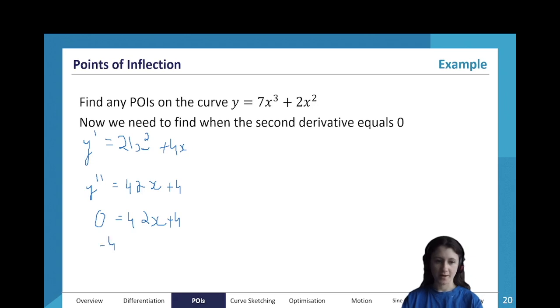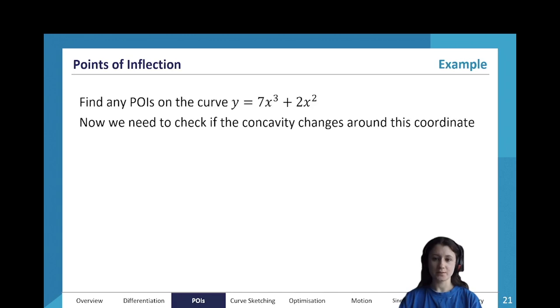We're going to have negative 4 over 42 equals x. That should simplify into negative 2 over 21 equals x. Alright? So, this is satisfying the first requirement. We have checked where the second derivative equals 0.